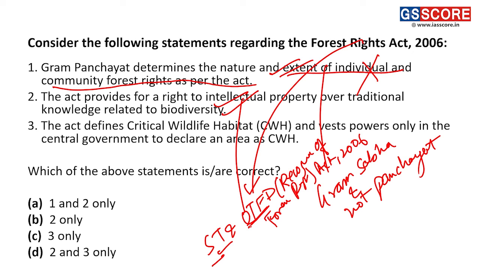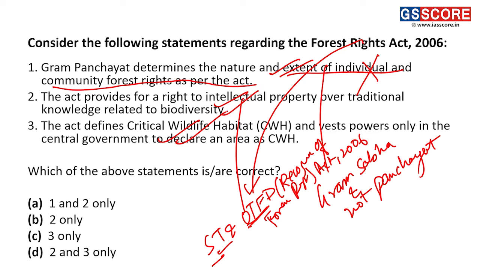Third statement, the Act defines critical wildlife habitat and vests power only in the central government to declare an area as a critical wildlife habitat. Yes, that is correct. It is the central government which can determine the critical wildlife habitat.